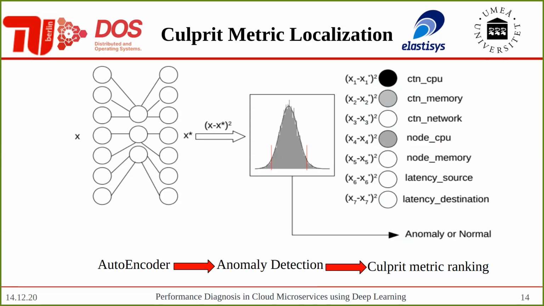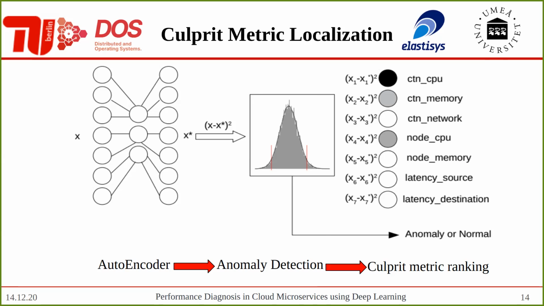Once a metric is detected as an anomaly, for example here, the container CPU has the highest reconstruction error, then it will be the top one in the ranked list. So with the autoencoder, we can get the culprit metrics, and yes, that's all of our system.